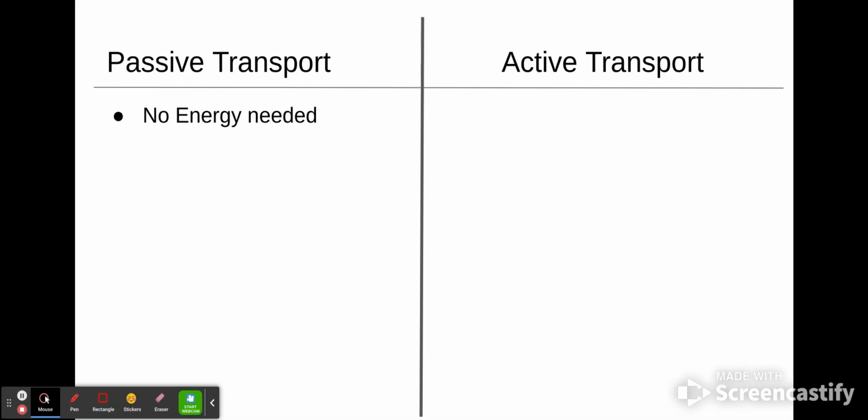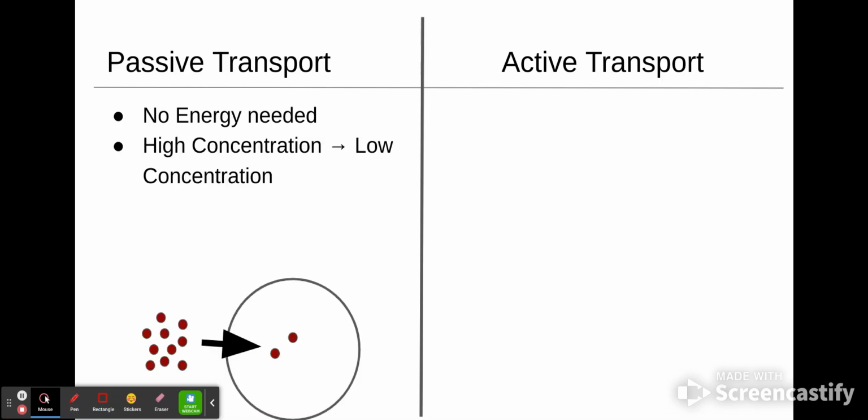So osmosis and diffusion don't require energy in order to move. So no energy needed. We already know that they go from a high concentration to a low concentration, from where there's a lot to where there's a little, and they want to reach equilibrium.